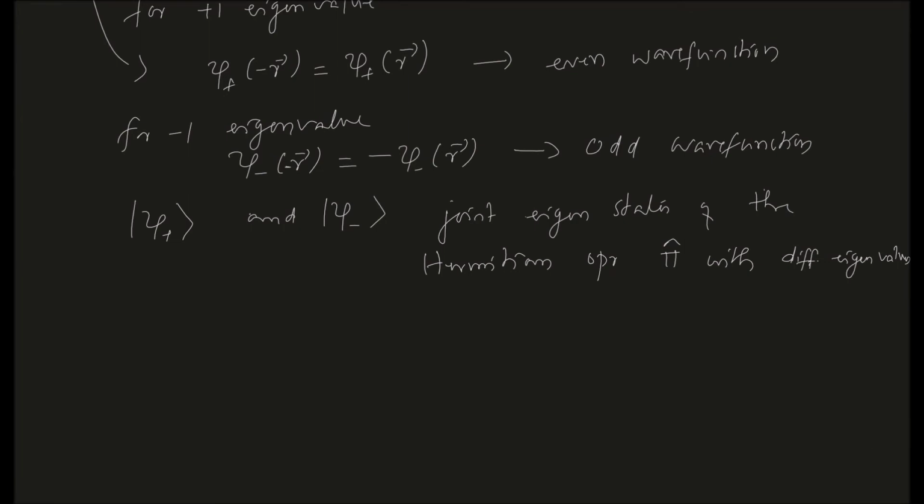Since psi plus and psi minus are joint eigenstates of the same Hermitian operator with different eigenvalues, these states must be orthogonal to each other. That means you can write the scalar product, or inner product, between psi plus and psi minus.